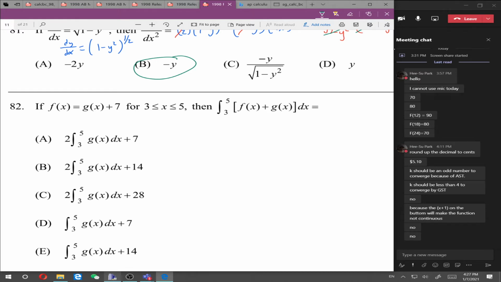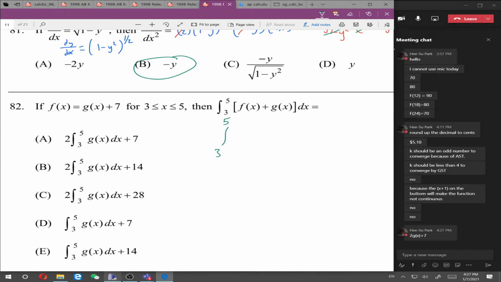So Andrew, if I'm going to rewrite this completely in terms of g of x, this will become the integral of 3 to 5 of what? Two g of x plus 7. Awesome.